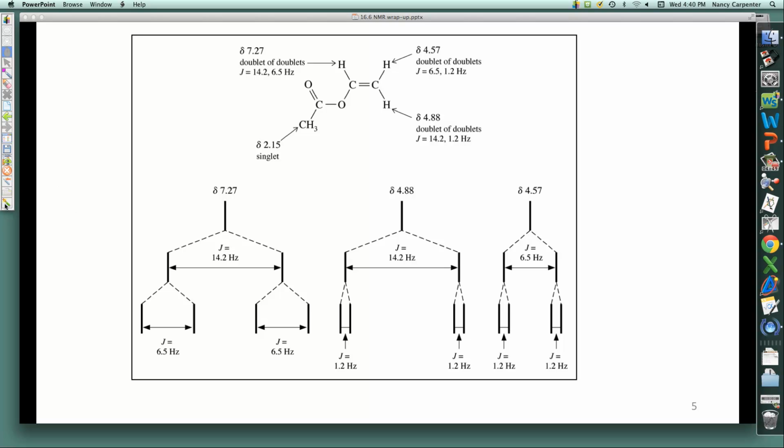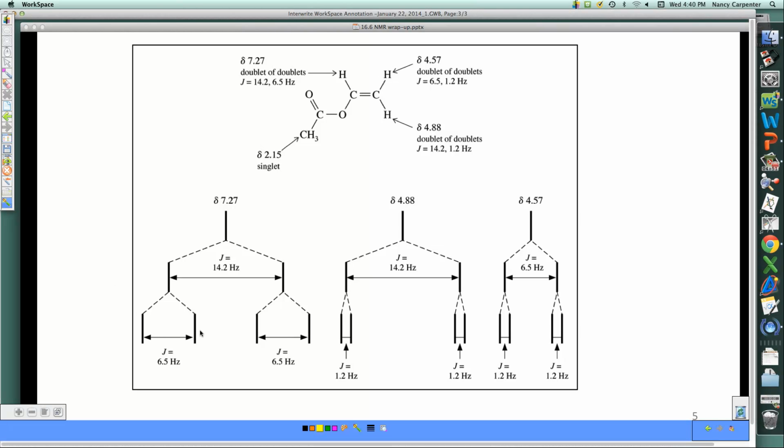So we're going to color code here. So we'll make this guy yellow, 7.27. So that's this guy. This one here, green, 4.57. And the pink guy, 4.88. So here's the rub.